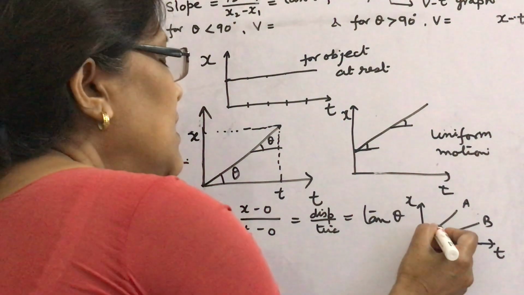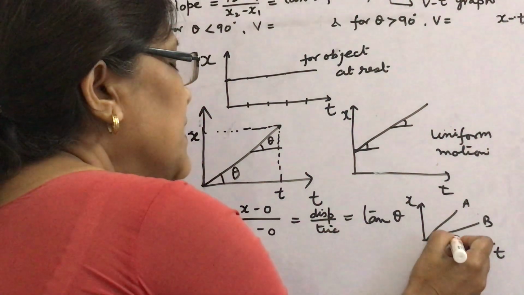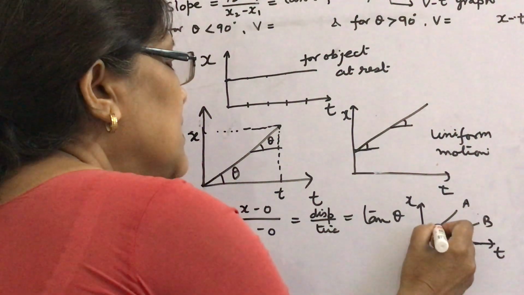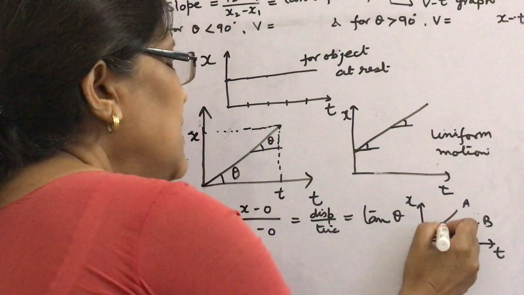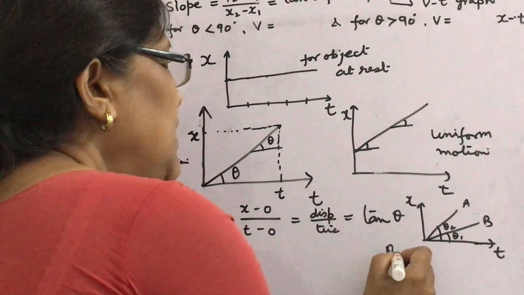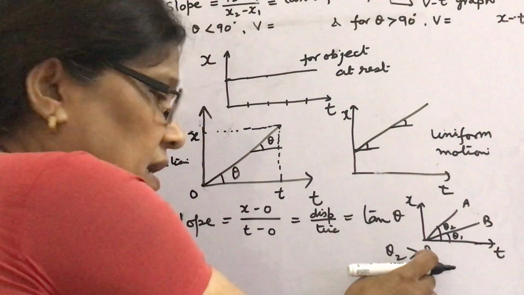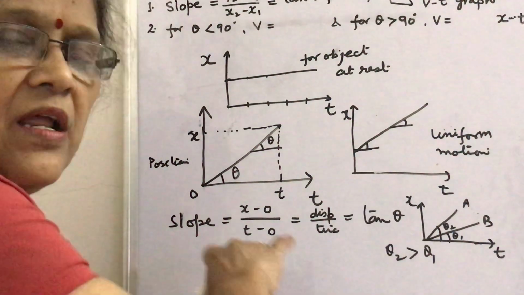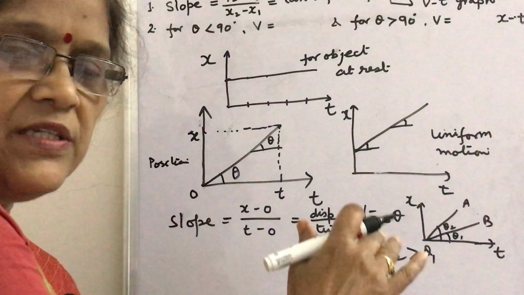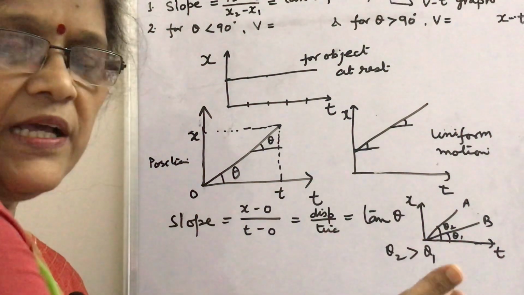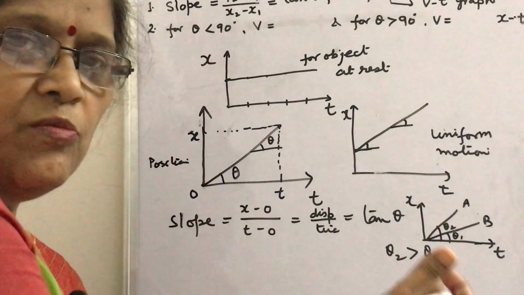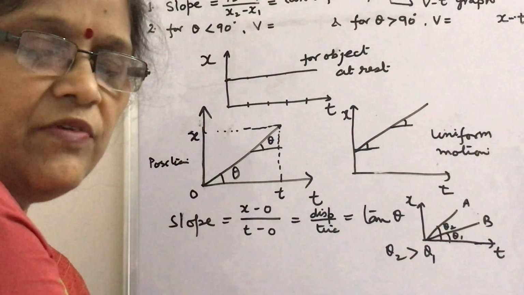You look here, suppose B is making the angle theta 1 and A is making the angle theta 2. Since theta 2 is greater than theta 1, and both are less than 90, the larger the theta below 90, the more is tan theta, the more is the slope. More slope means more velocity.